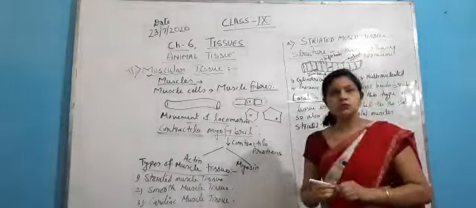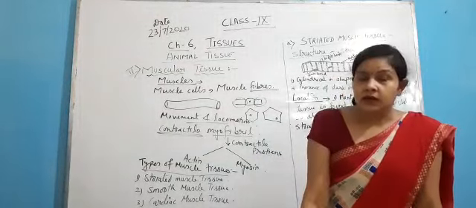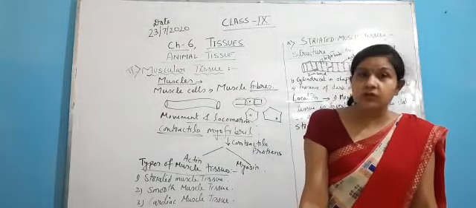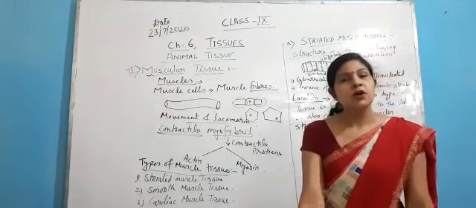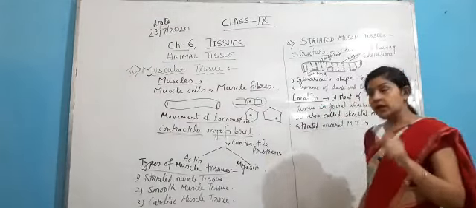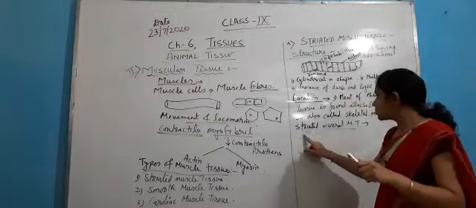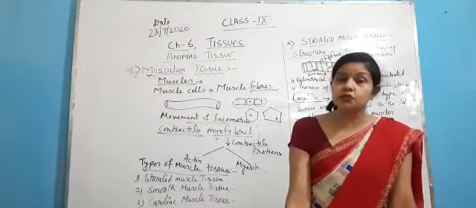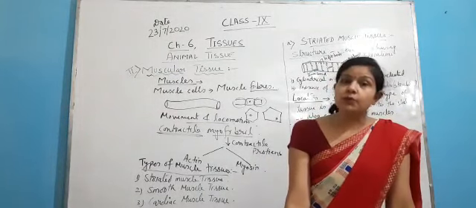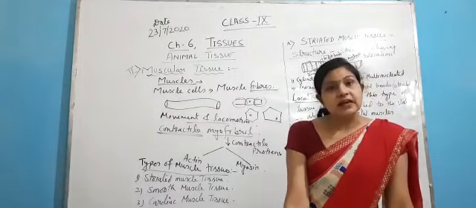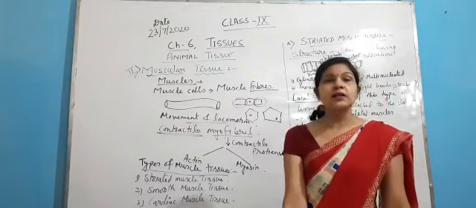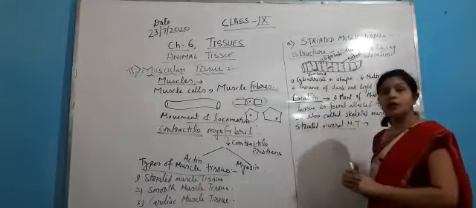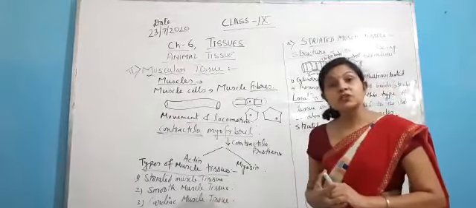Striated visceral muscle tissue is found over the internal organs of the body where bones are not present. So where bones are not present, if the striated muscle tissue is found, it is called striated visceral muscle tissue, and if the striated muscle tissue is found attached to the bones, it is called skeletal muscle tissue. Okay. After that, these muscles are also called the voluntary muscles.